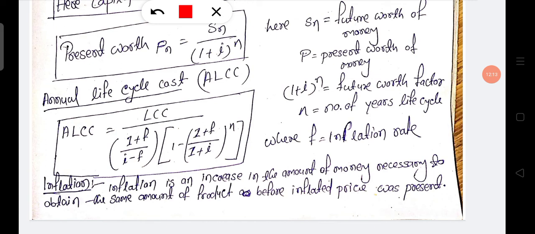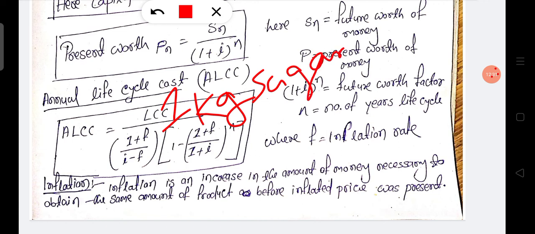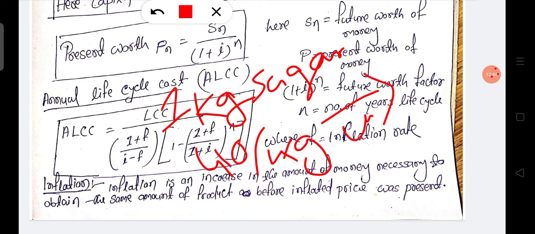Let's understand this with an example. Let's say 1 kg of sugar. The price now is 40 per kg. But after 10 years that price, let's say, is 50 per kg.